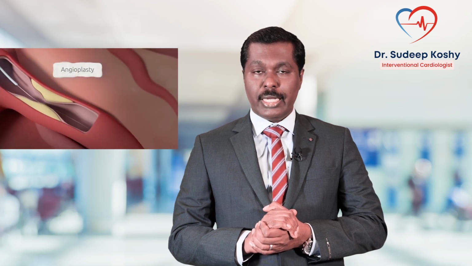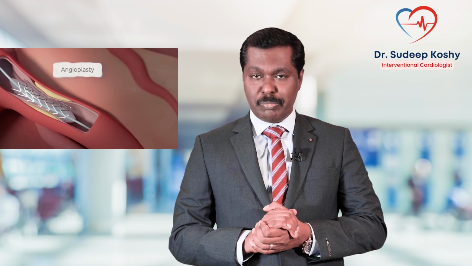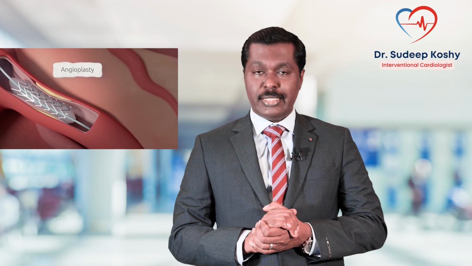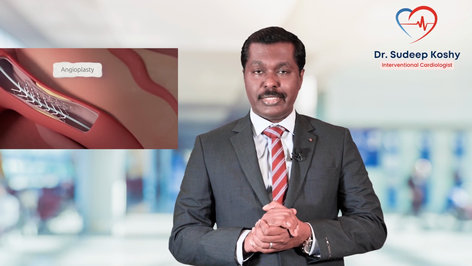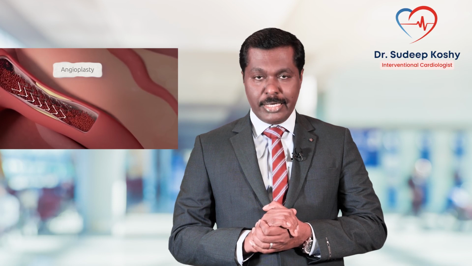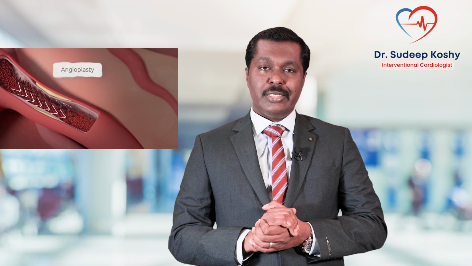Put a balloon and compress that lesion and open it up or make it bigger, and then remove it, and then later put a stent there. The stent is mounted on a balloon, and then you inflate the stent and keep it there as a scaffold, and deflate the balloon and take it back. So this is how we do a coronary angioplasty.